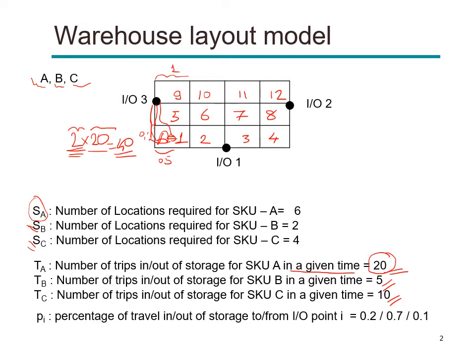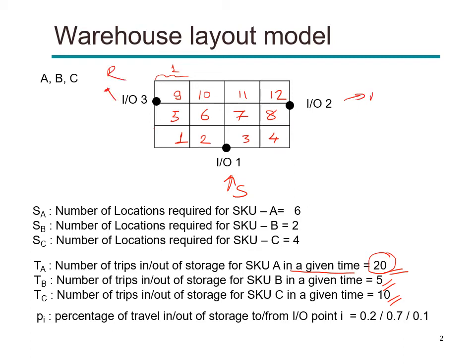On the other hand, as you see in this example, we have 3 different doors, input-output doors. And these doors sometimes are allocated for storage and retrieval operations. So it's said that, for example, this door is only for storage and these 2 doors are for retrieval operations.